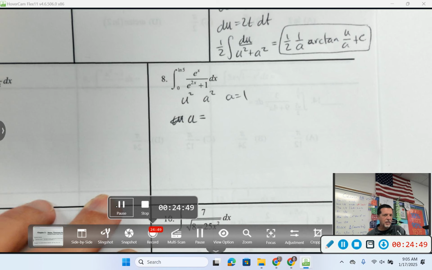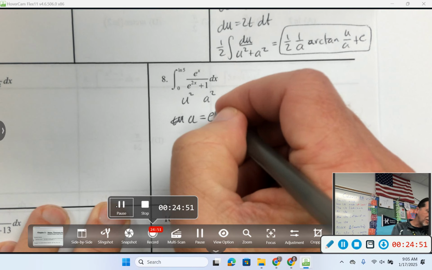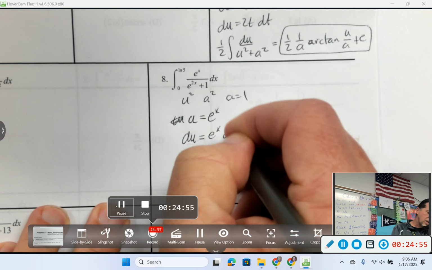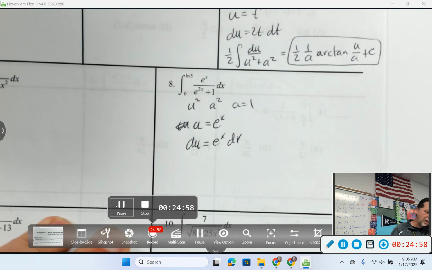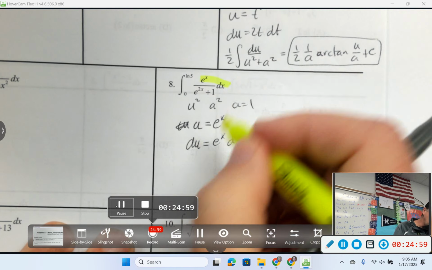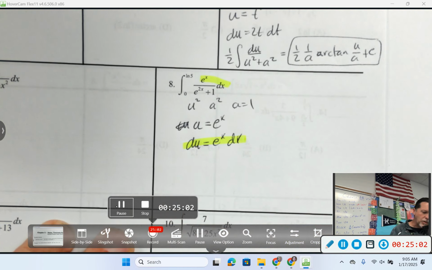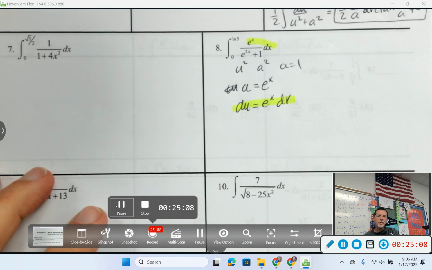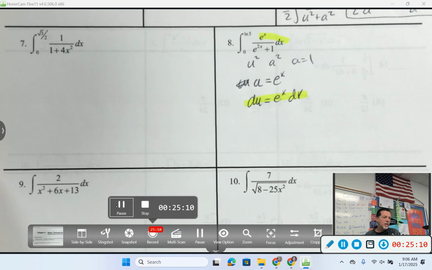E to the x. And then does that make sense of that e to the x in the top? So yeah, there's e to the x's all over the place, but e to the x dx, that's du. And then this one, you'd have to plug in some limits and just change the limits.